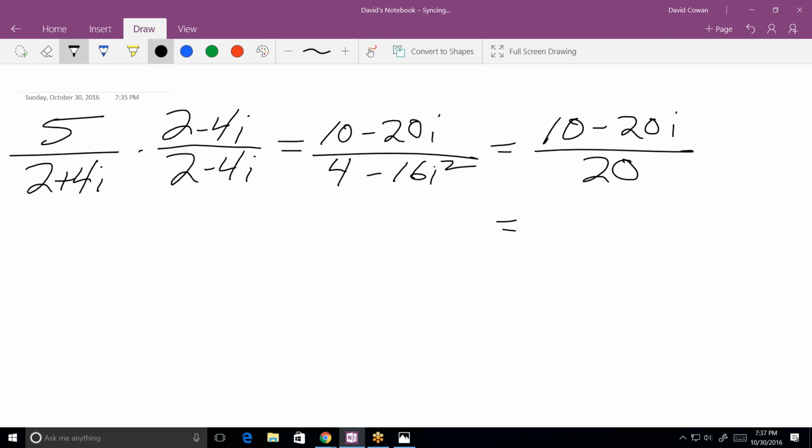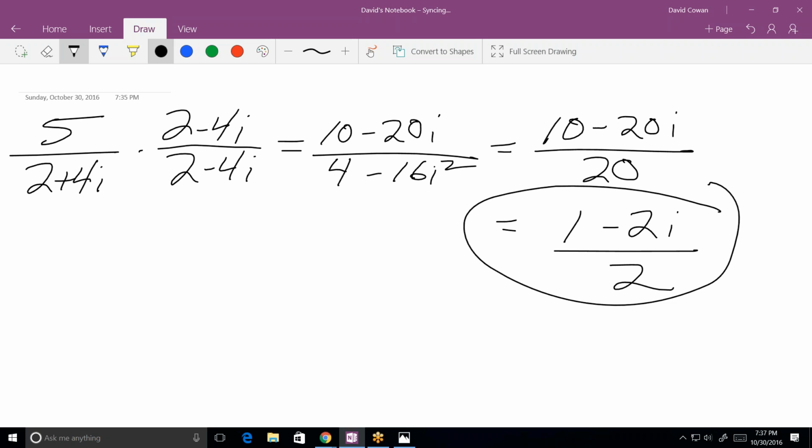What do you get when you divide top and bottom by 10? Would that be 1 minus 2i over 2? Uh-huh. Okay. And as long as that's an acceptable answer, if I had to put it into A plus BI format, what would it be? It would be 1 over 2 times, would it be, or no?